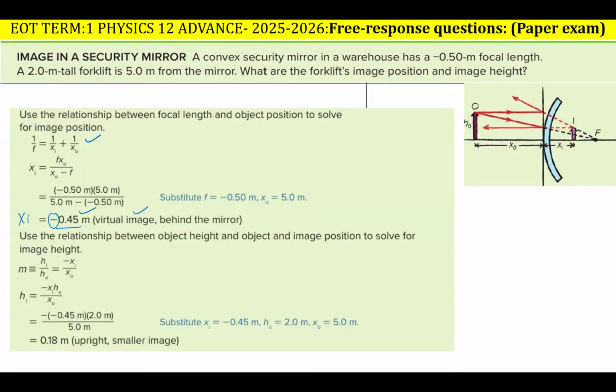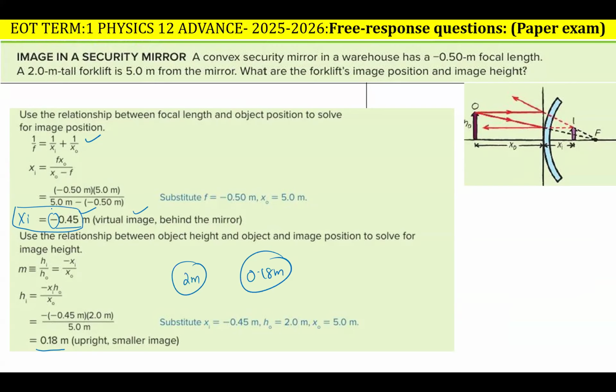Okay. So from the magnification, we found that Hi is equal to 0.18. So what happened? It was actually 2 meter tall, but it became 0.18. Image is 0.18, so the image is small. So when I get Xi equal to negative, I understand that it's a virtual image.